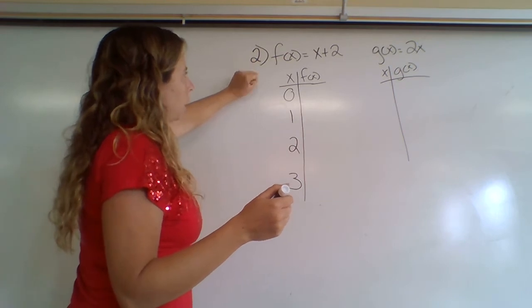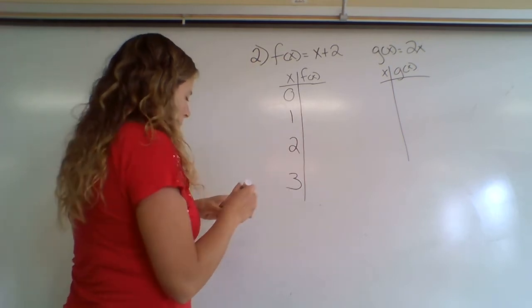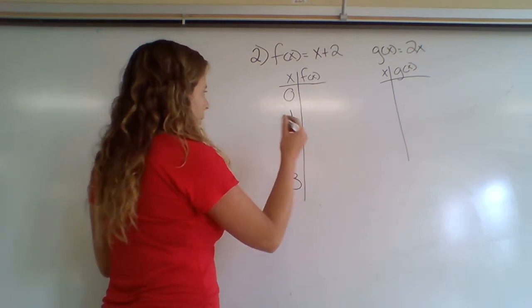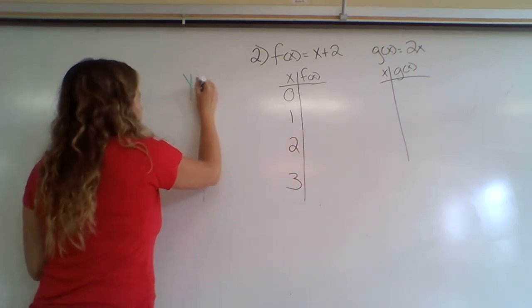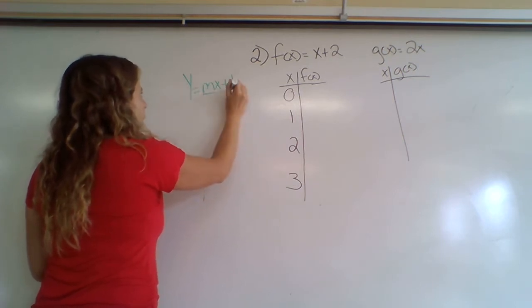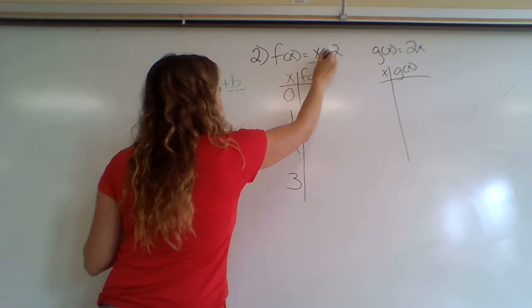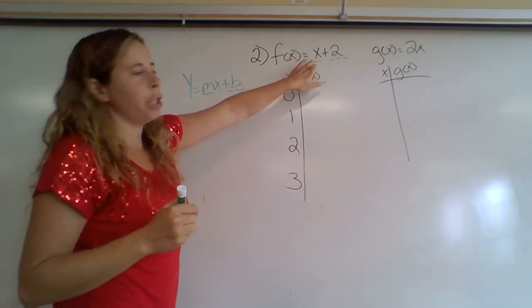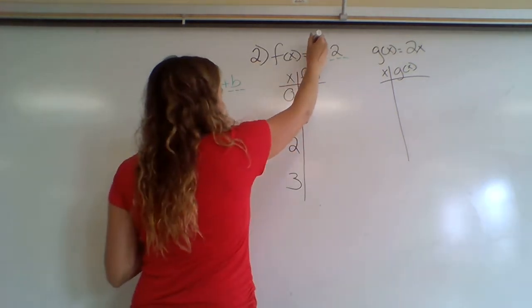Or you should know, just given the equation, this is in slope-intercept form. y equals mx plus b. Slope, y-intercept. If you ever see just an x, there's an invisible 1 there, right?